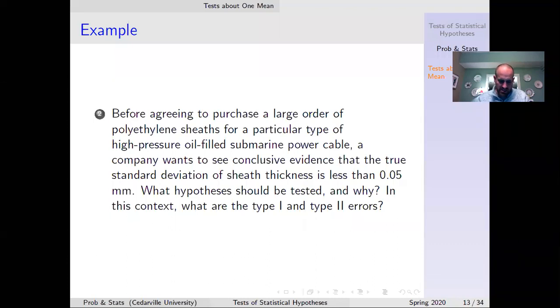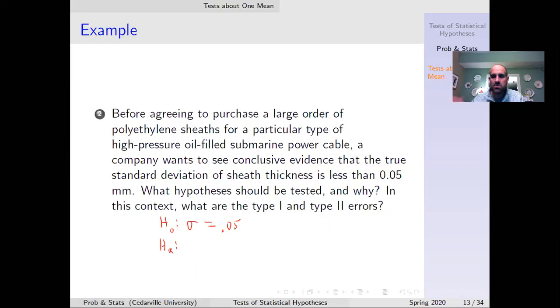So let's think about that for a minute. The only really reasonable assumption here would be that the null is that sigma, the standard deviation, is straight up equal to 0.05. And the alternative hypothesis would be that sigma, now look, we want conclusive evidence that the standard deviation of the sheath thickness is less than 0.05 millimeters.